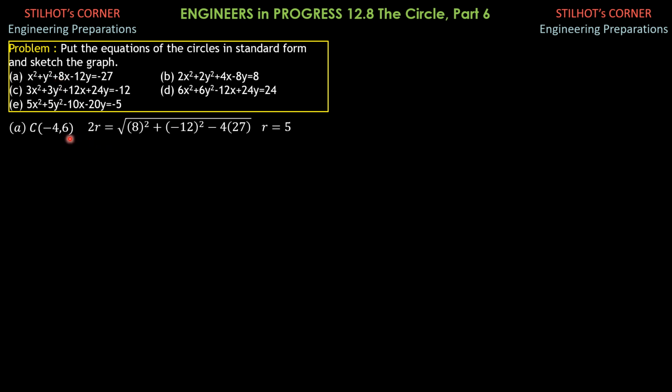The center is at negative 4, 6. The other way, by completing squares, we have x squared plus 8x plus 16. So that's the standard form, x minus negative 4, so (x plus 4) squared plus (y minus 6) squared equals 25. So the radius is 5 because this is 5 squared.